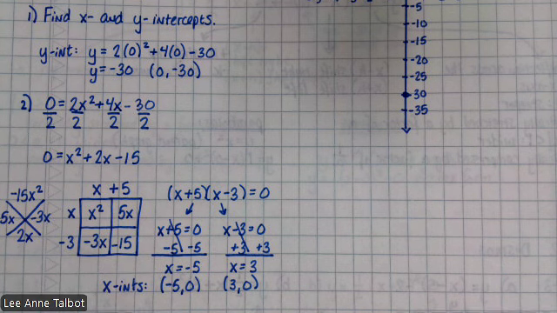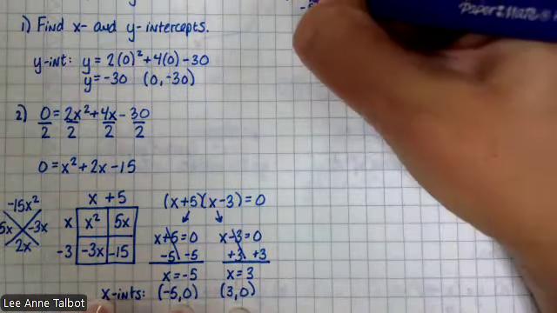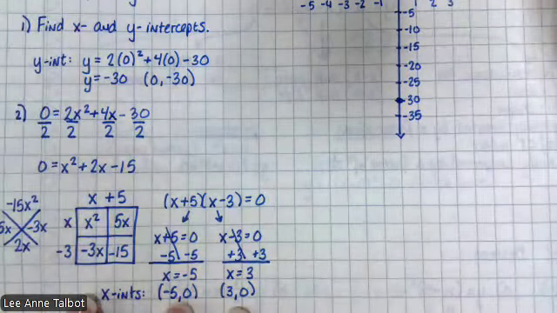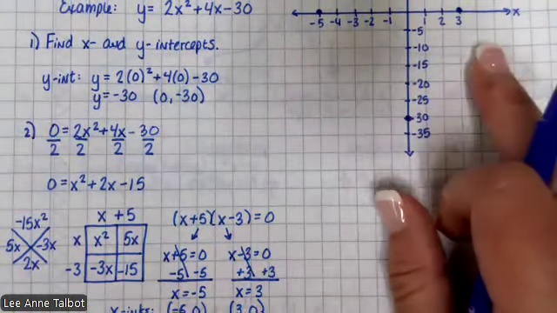Everybody good? Okay, -5 and 3. So graph -5 and 3.